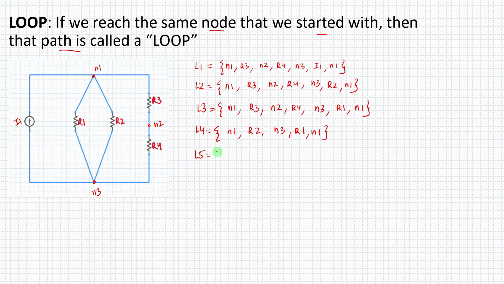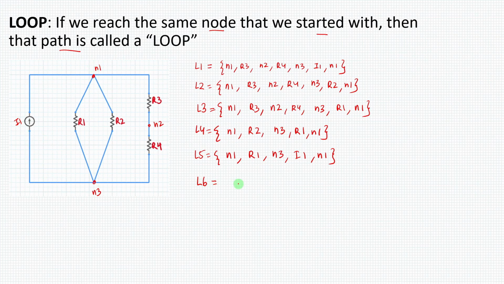Then let me write another loop: N1, R1, N3, and I1, and I'm coming back at N1. So it is N1, R1, N3, I go to I1 and then I'm coming back to N1. So this is also a particular loop here.